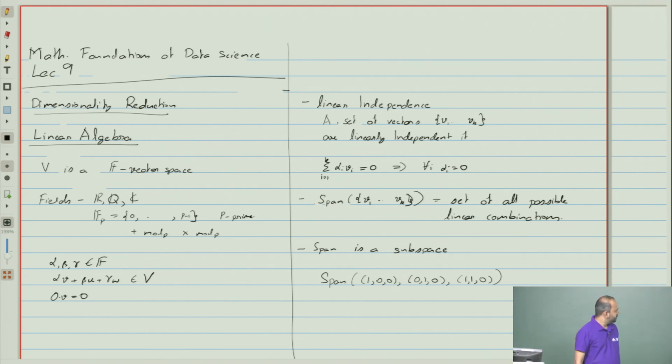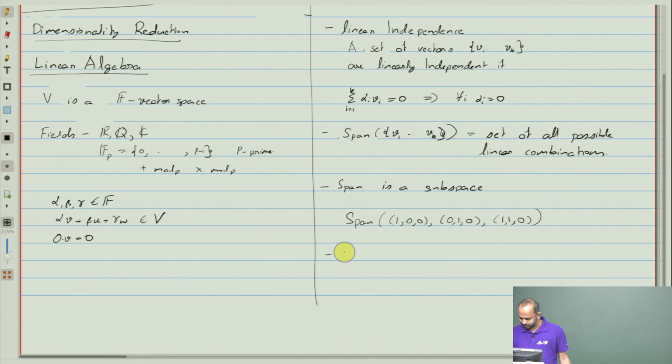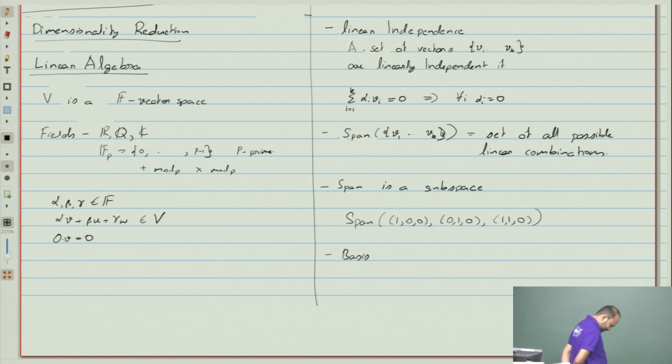So, what is a basis now? Now we can talk about basis. What is a basis? Maximal set of linearly independent vectors that span the vector space.